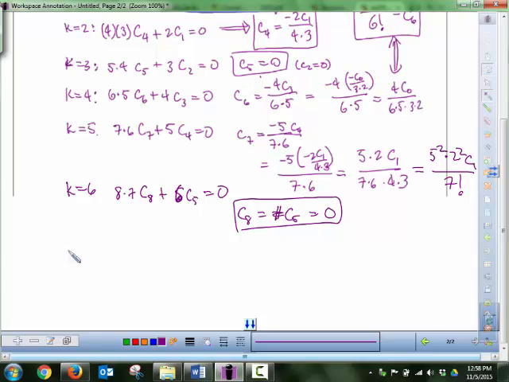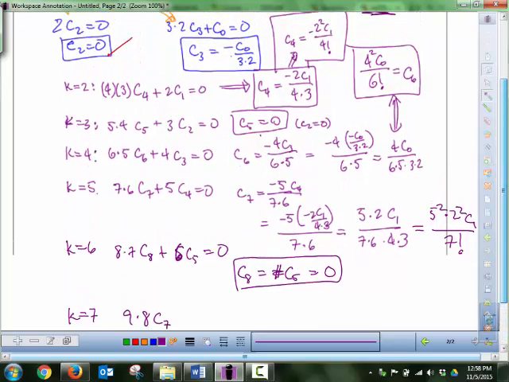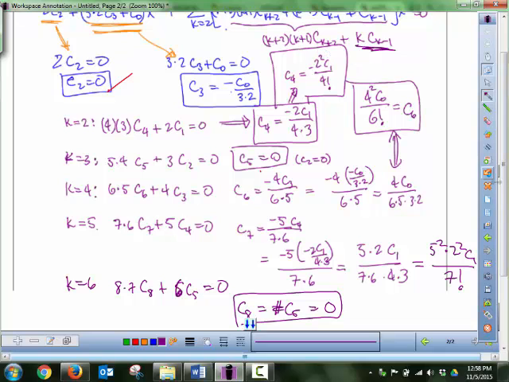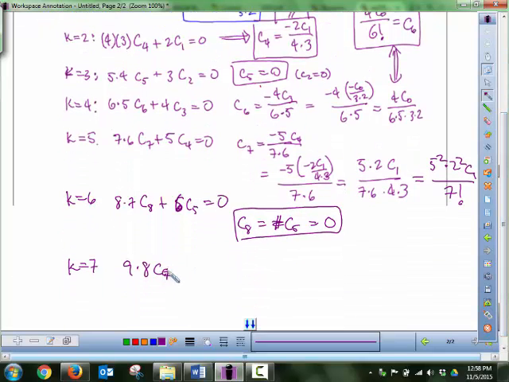So I guess we should go one more. K is equal to 7. And if you look at the pattern, there's add 2, add 1. So 7 plus 2 is 9, plus 1 is 8, C sub 7. That's coming from this formula, for C sub 9. Plus 7 C sub 6.